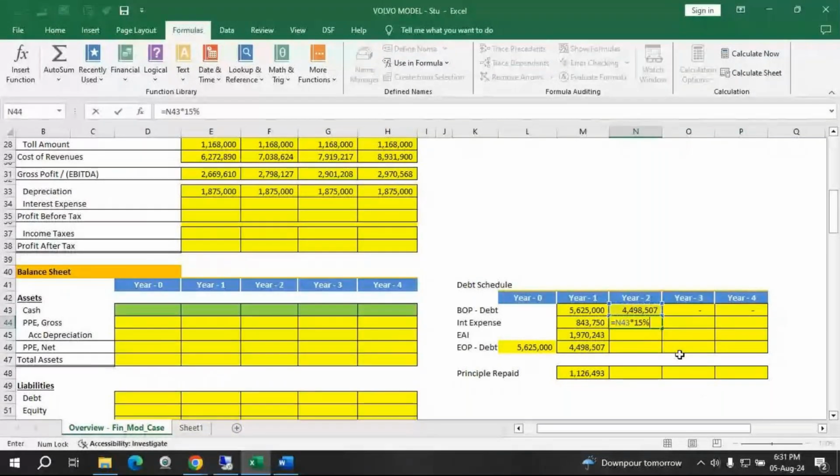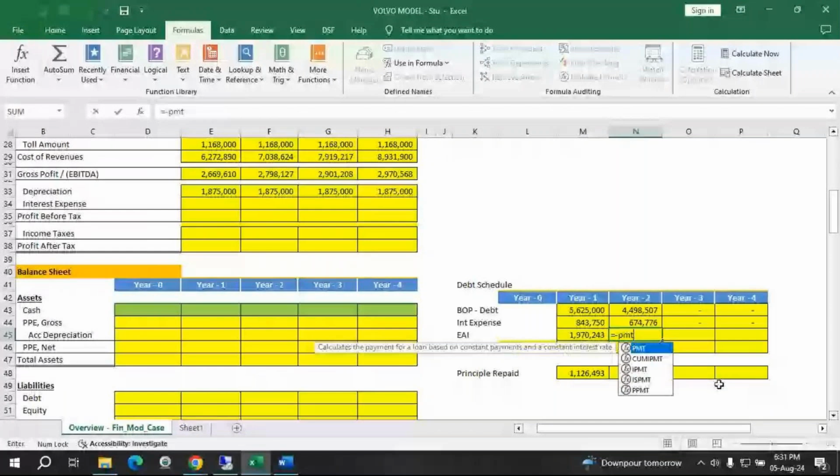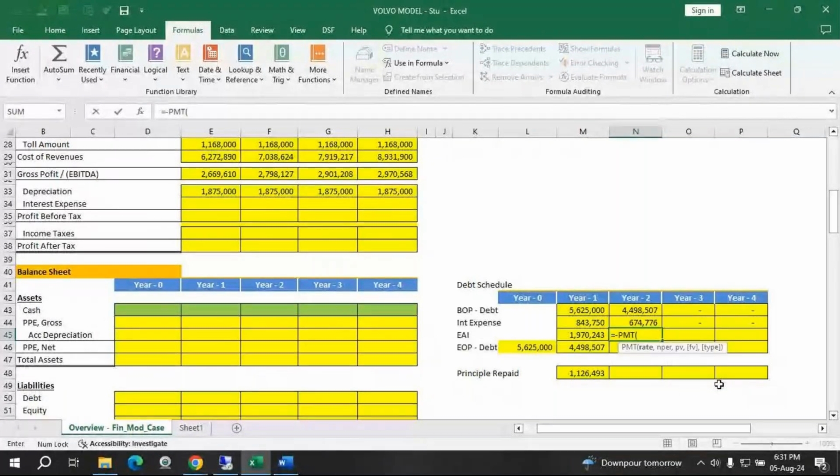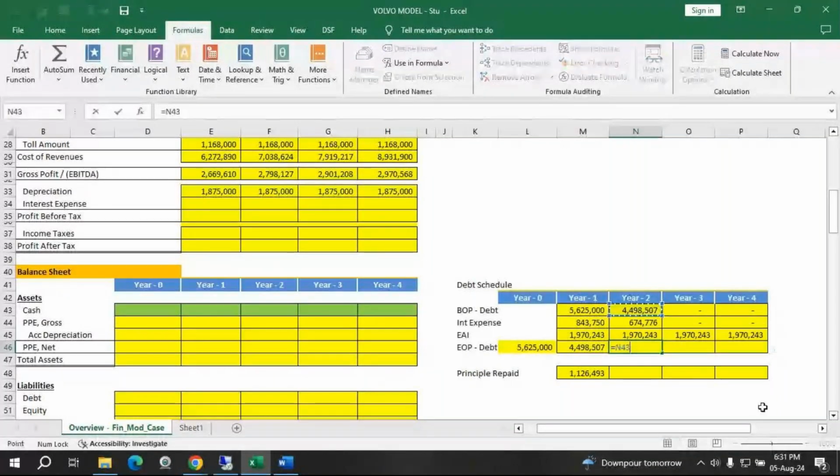I'll drag this one to EAI equals minus PMT, open the bracket. This is going to remain the same. EAI, there is no change. I'll come here and drag it. Then here equals this value minus principal repaid.